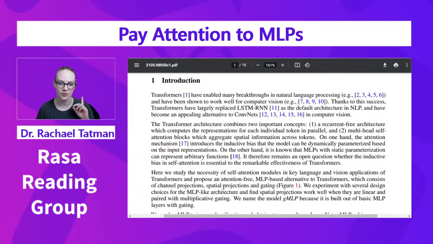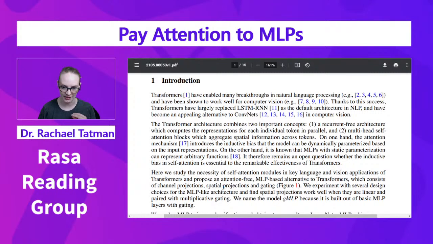The transformer architecture combines two important concepts. One, a recurrent-free architecture which computes the representations for each individual token in parallel, and two, multi-head self-attention blocks which aggregate spatial information across tokens. On one hand, the attention mechanism introduces the inductive bias that the model can be dynamically parameterized based on the input representations.